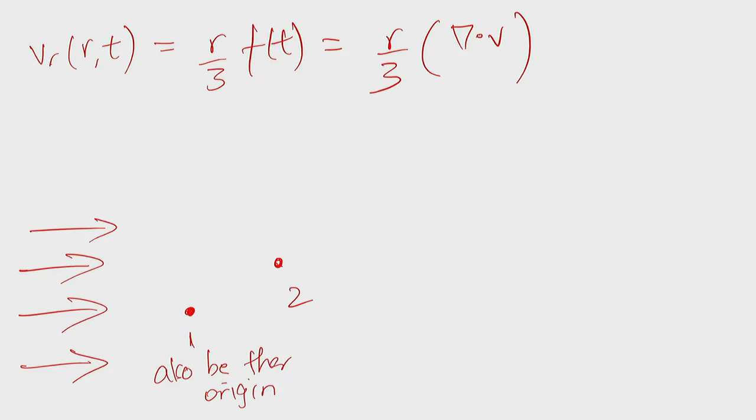If this is the origin, then basically this is R. There's no delta R, right? Because delta R implies that 1 and 2 are points that are distinct from the origin. But if 1 is the origin, then the distance between 1 and 2 is simply R.